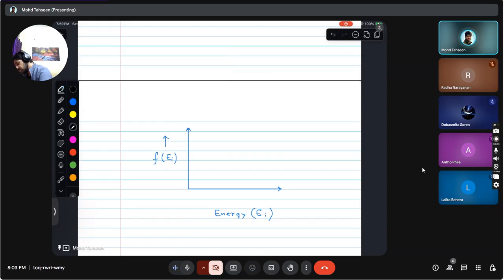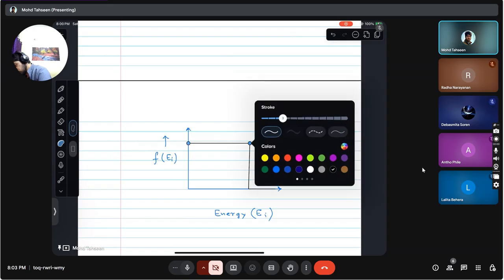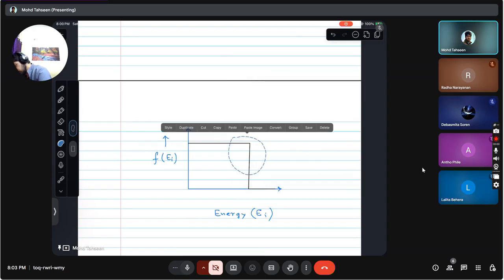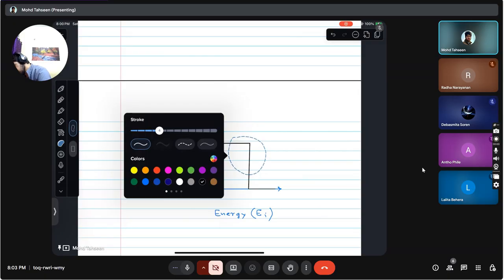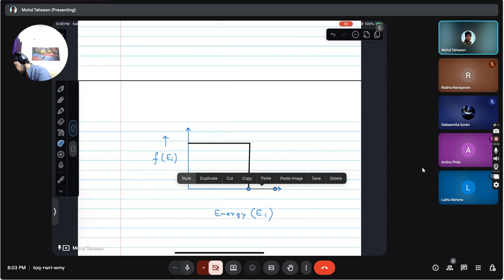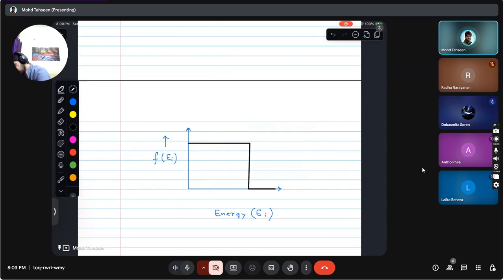If I plot this function, this is what the plot looks like. Let me draw the figure, then I will explain. So this is 0 Kelvin.